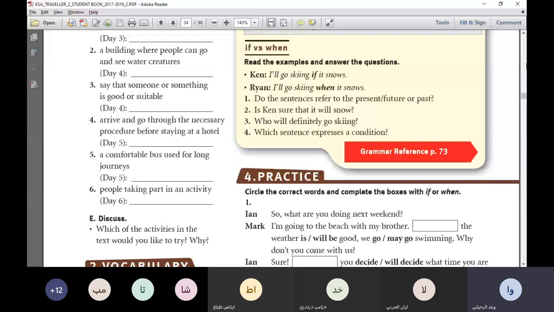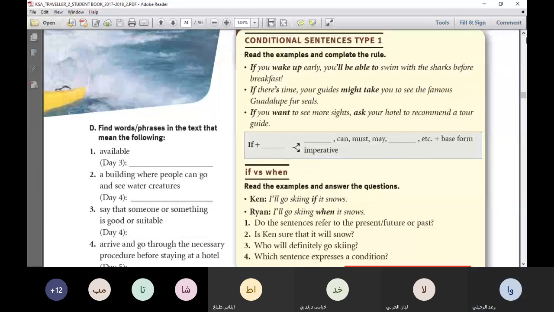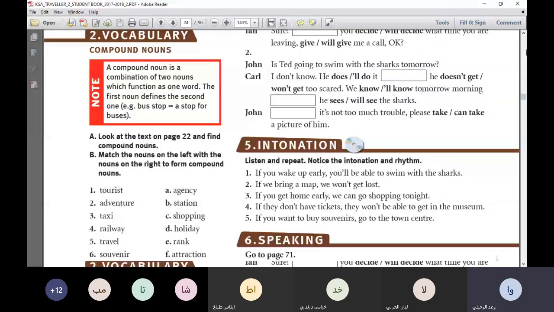Okay. Now we're done with type 1. You understand everything in conditional sentence type 1? Okay. Now let's move on. Now in type 2, Ola, if you don't understand, you can stop me.